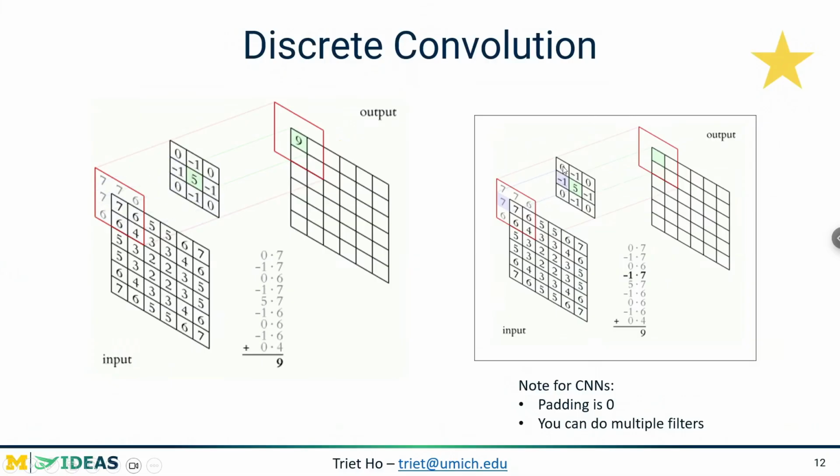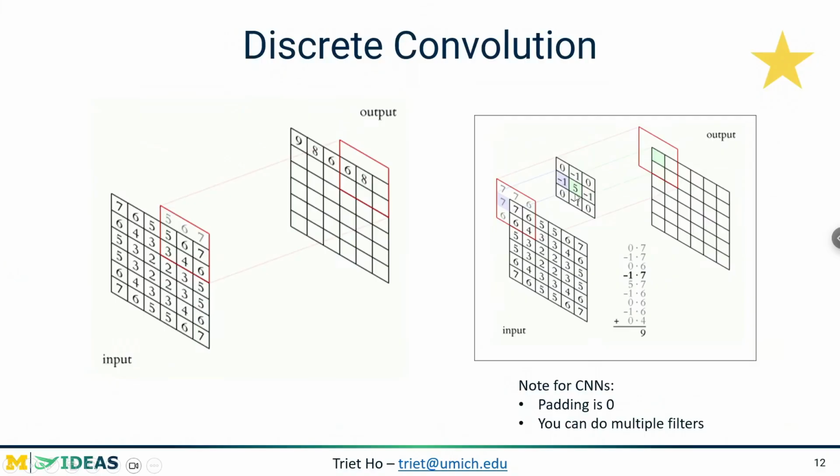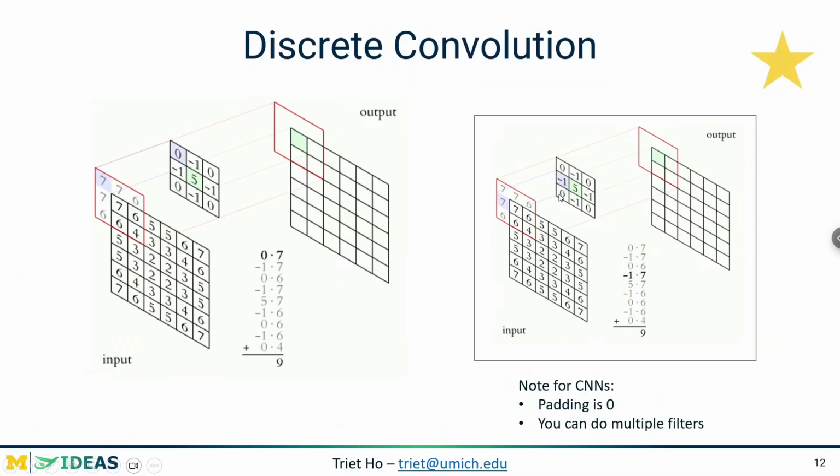So you can see this is 0 times 7, 0 times 7, negative 1 times 7, 0 times 6, 0 times 6, negative 1 times 7, negative 1 times 7, 5 times 7, 5 times 7, negative 1 times 6, negative 1 times 6, 0 times 6, 0 times 6, negative 1 times 6, negative 1 times 6, and 0 times 4, 0 times 4.